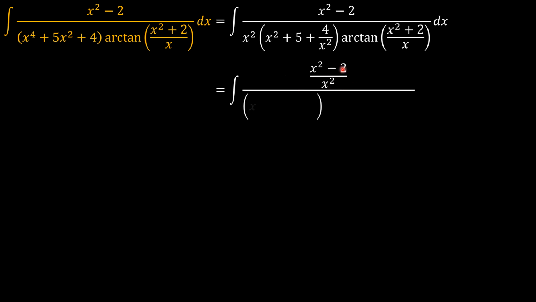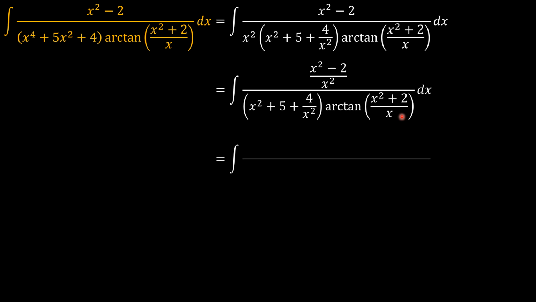It actually becomes the derivative of whatever we have under the arctangent function. So x squared minus 2 over x squared becomes 1 minus 2 over x squared, right?